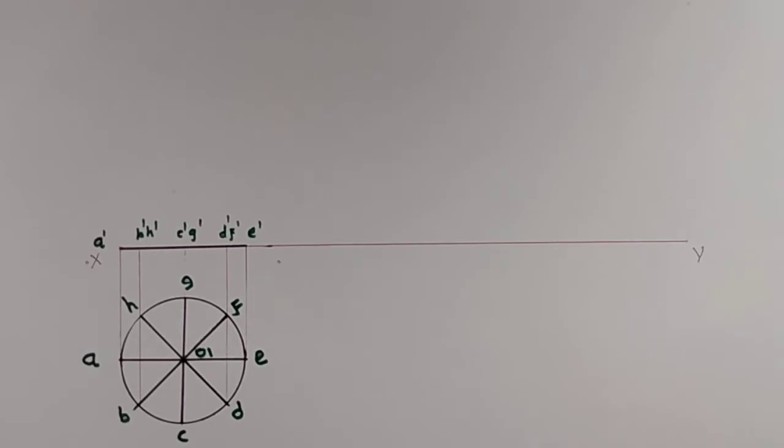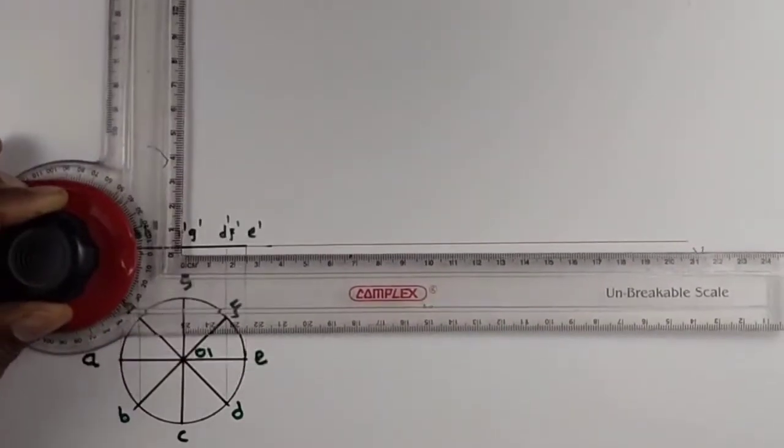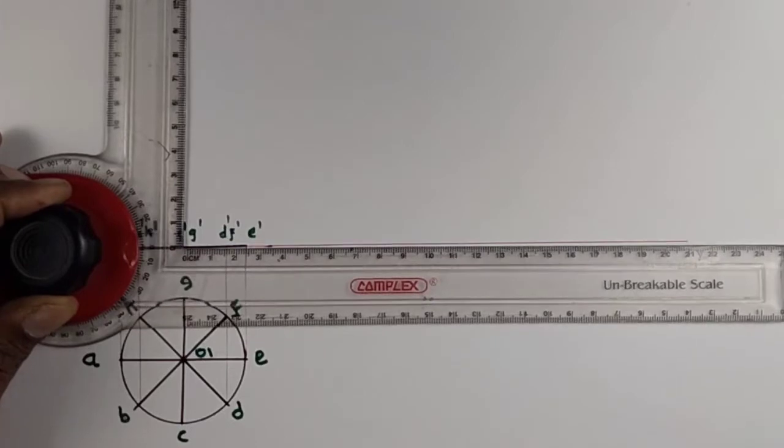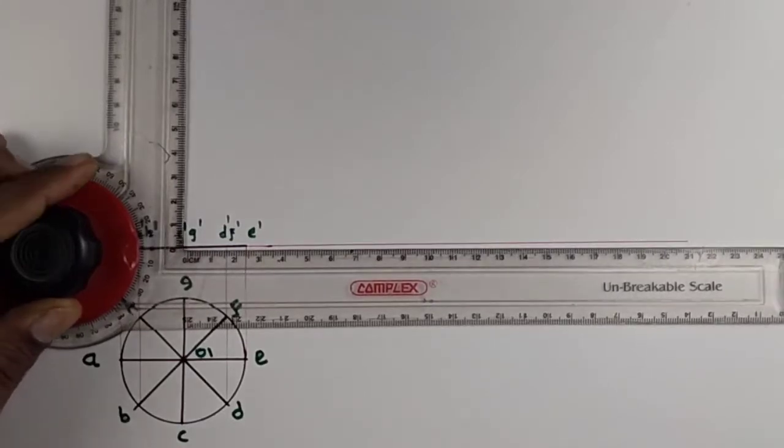The height of the cone is given as 70 mm. So first we mark the axis 70 mm in height.